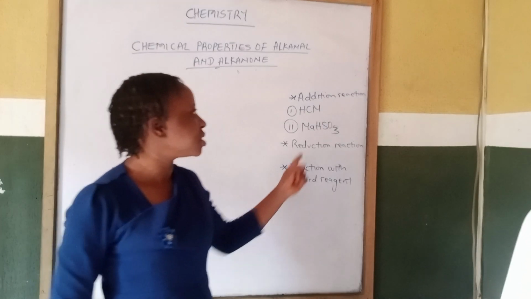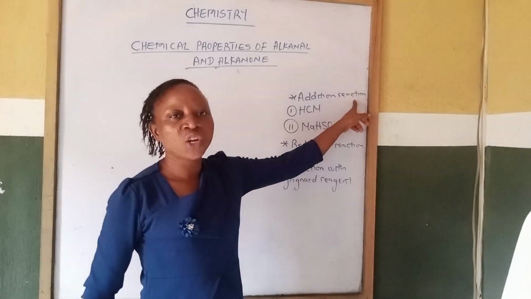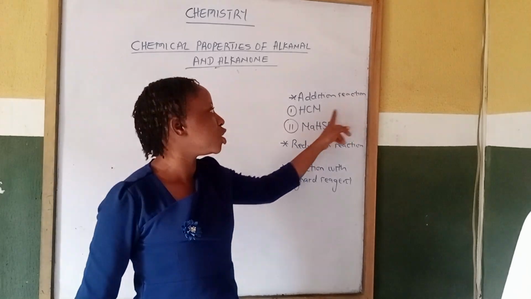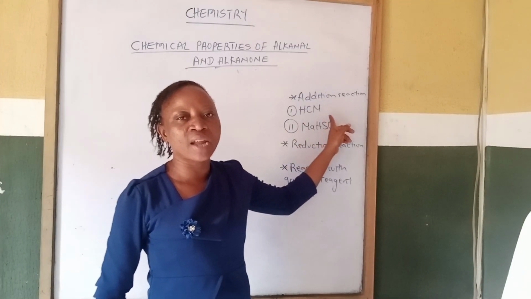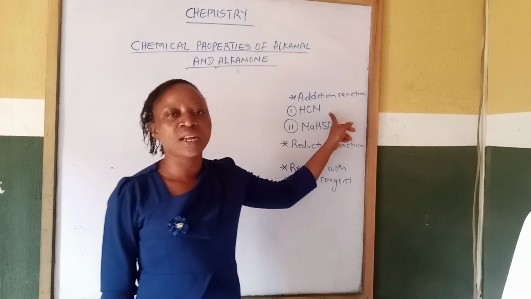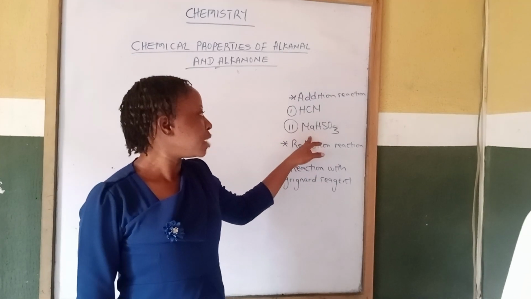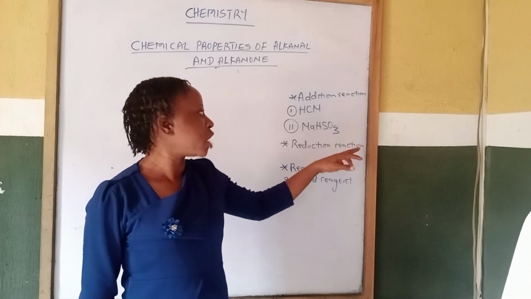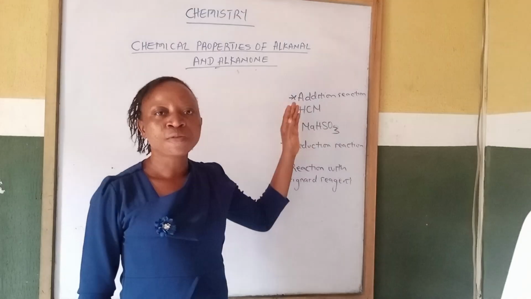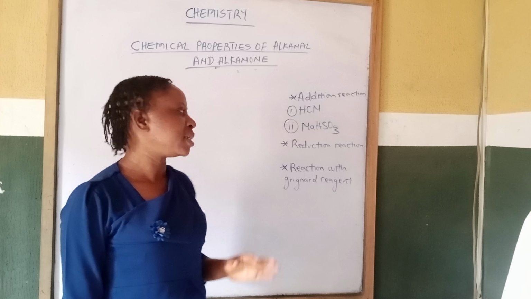The first one is addition reaction. Under this addition reaction, we talk about addition of hydrogen cyanide to alkanal and alkanone, then addition of sodium hydrogen tetraoxosulfate 4 to alkanal and alkanone.